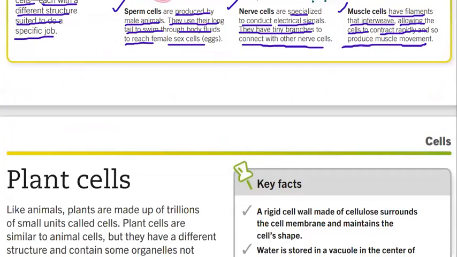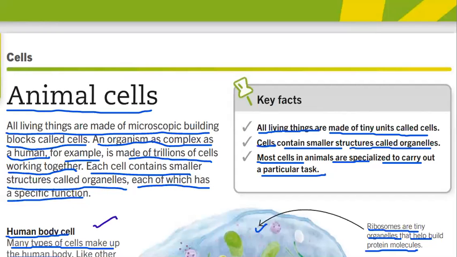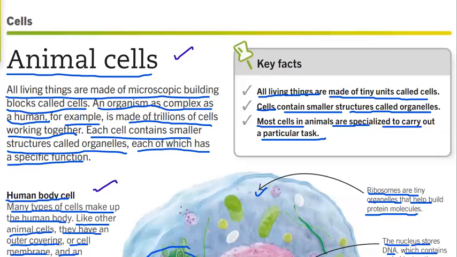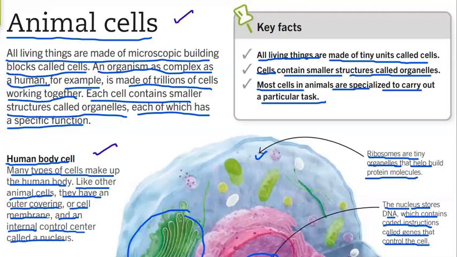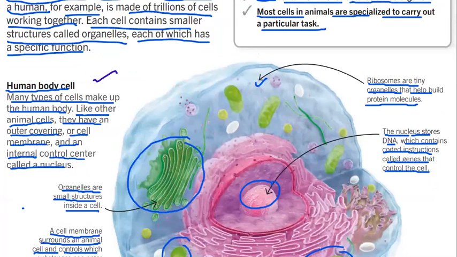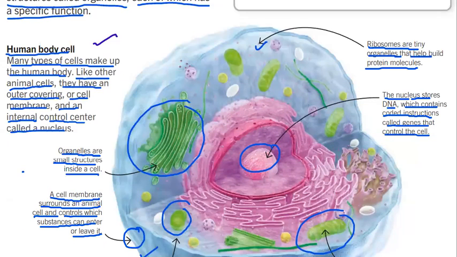So here, we started with animal cells, and we discussed the key points. One is that all living things are made of tiny units called cells, and cells contain smaller structures called organelles, and most cells in animals are specialized to carry out a particular task. In the human cell, we observe that many types of cells make up the human body.